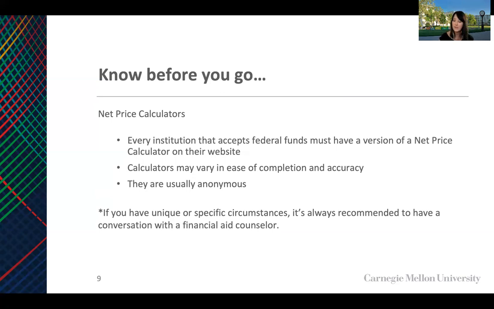So we would definitely say, if you're in one of those circumstances, just reach out to the university that you're applying to and have a conversation to see what their policies may be on special circumstances, what the process may be to file a special circumstances request, or to at least just generally understand what they consider to be a special circumstance.